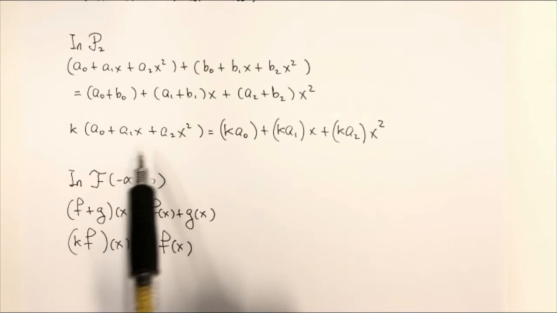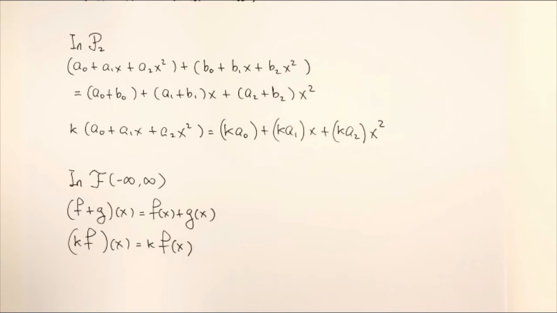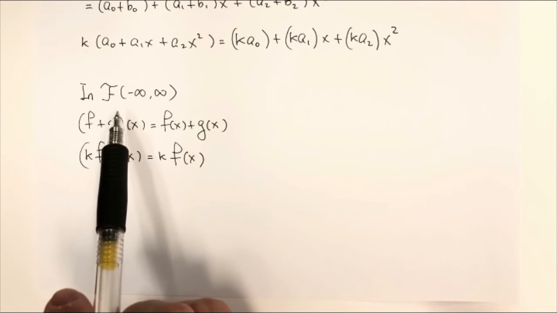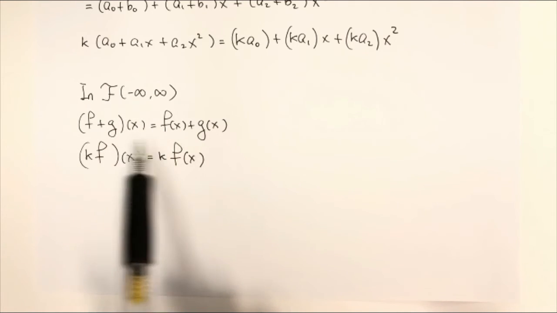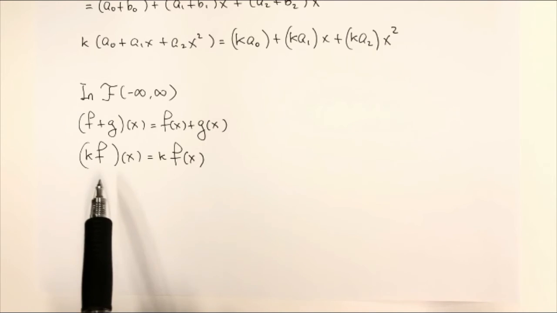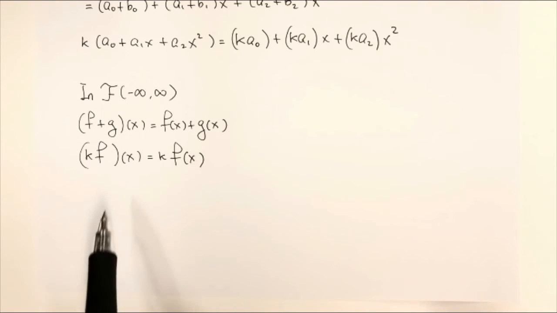We can also multiply a polynomial with a scalar. So they are very similar. One more example is the space consisting of all the functions defined on the real line. We can also add the functions in that space like this, and we can also scalar multiply the functions in that space like this.